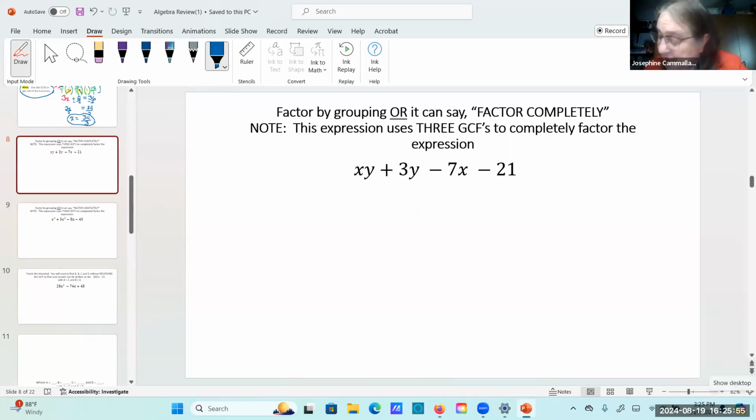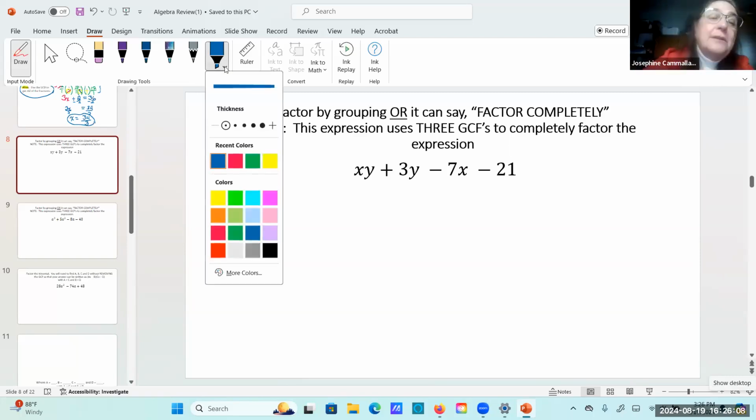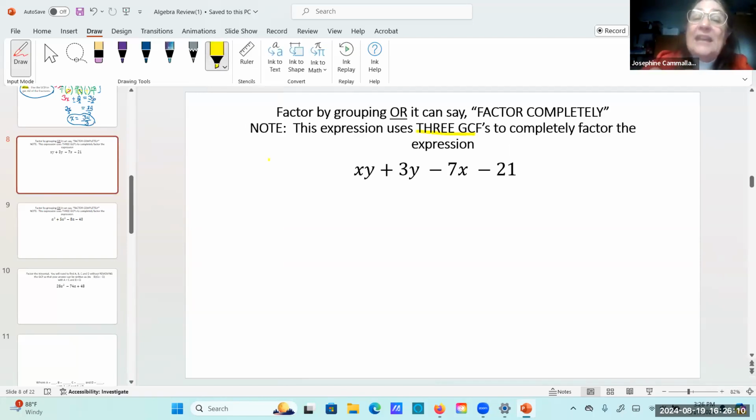Grouping is done by 4 terms. Now, the key is the fact that this particular grouping has 3 GCFs in it. 2 that are monomial, 1 that's a binomial.